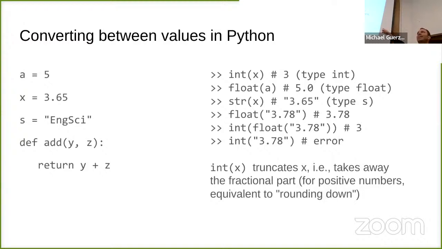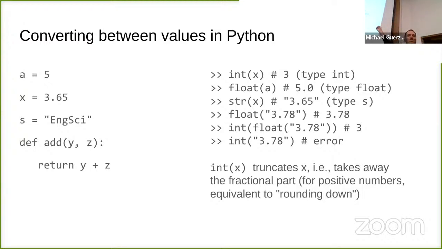Sometimes Python is going to say, I'm not going to convert the string 3.78 to an integer for you, because you're probably wrong about what you think it is, because it doesn't look like an integer. How do you know? You don't. Those are rules. I just told you what they are.